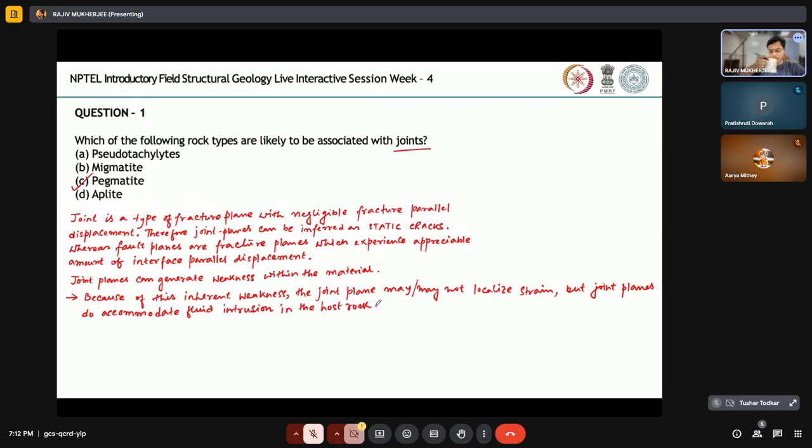Okay. Now, because of the fluid intrusion, hydrothermal fluid intrusions will produce an acidic environment with negligible differential stress.